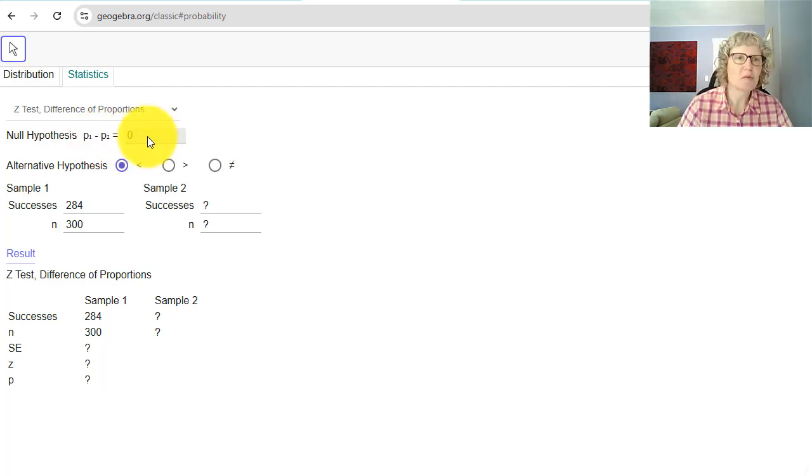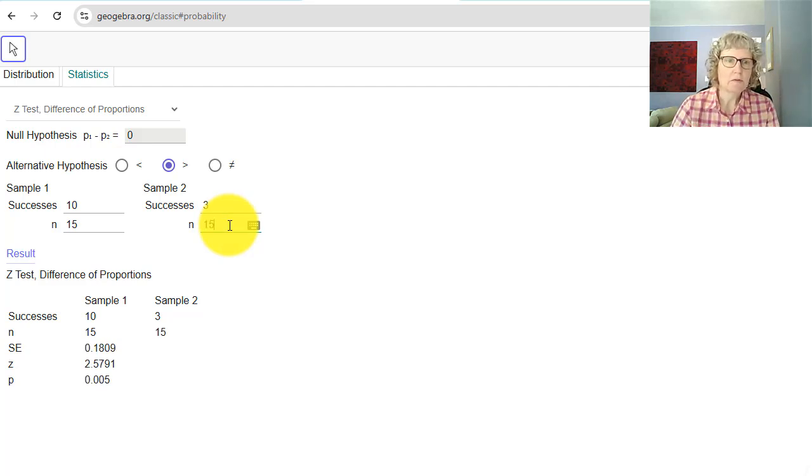For the difference of proportions, the null should always be 0. We have a right tail test, and now I need to put in my successes for each group. So 10 out of 15 and 3 out of 15, and you can also use tab to go between these.